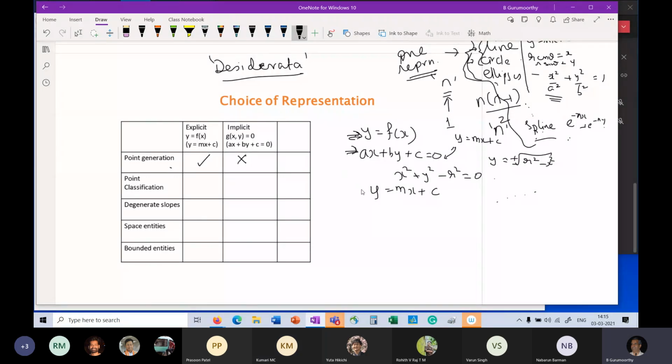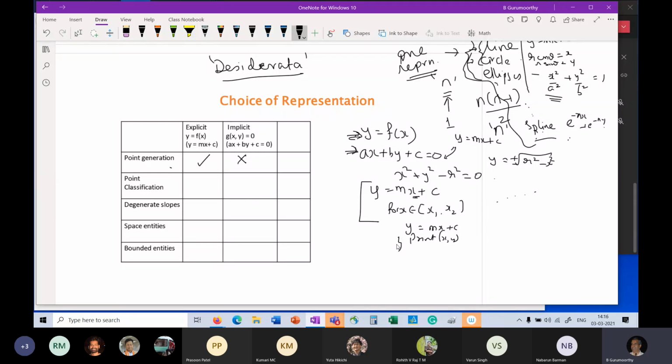The reason for that is the following: if you are thinking of writing a program, you are looking at a for loop to generate points on the line, and your for loop can march along x within some range, for x belonging to x1 to x2. You can then evaluate this y equals mx plus c, and then you can just print x, y.